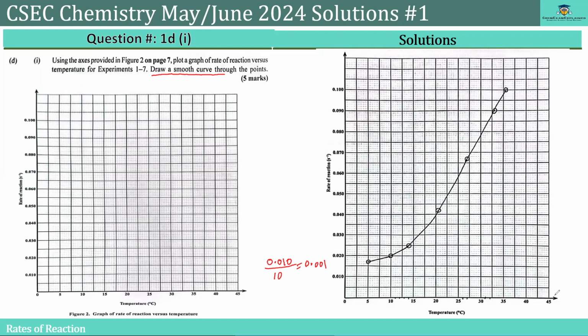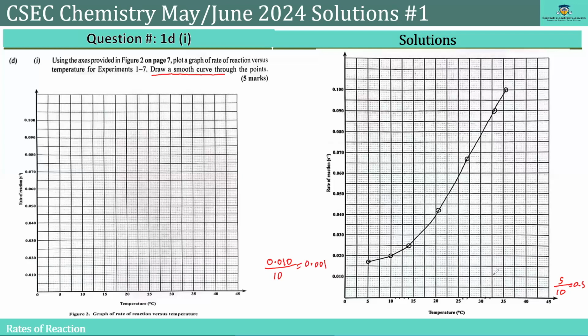On the x-axis, we have 5 units for every 2 centimeters, which again is 10 small boxes. And that will give us 5 over 10, which is 0.5. So we go 0.5, then 1, 1.5, then 2, 2.5, then 3, 3.5, and so on.